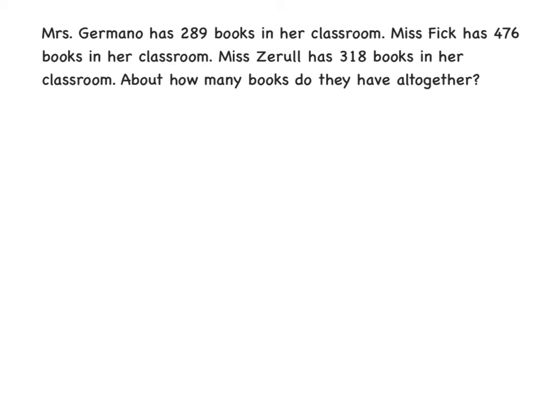Well, I know that the first step that I need to follow is circling my important numbers. So Mrs. Germano has 289 books in her classroom. Miss Fick has 476 books. Miss Cyril has 318 books. This keyword about, I'm going to put a box around it because that's telling me that I want an estimated answer.